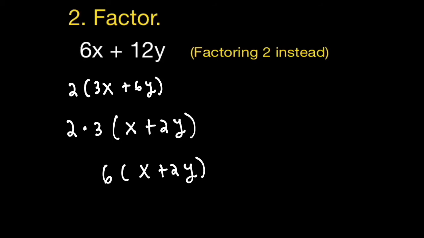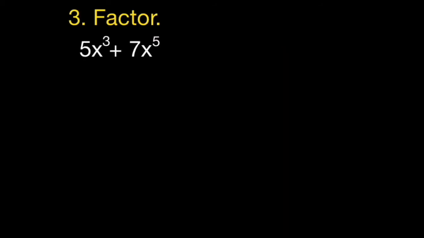Let's consider example 3. 5x cubed plus 7x to the 5th power. 5 and 7 don't share any common integers besides 1, and we typically don't factor out the 1. But they do have a variable in common, the only difference is the powers. Now we take a look at the smallest one, and that determines how many copies of that variable we are allowed to factor.